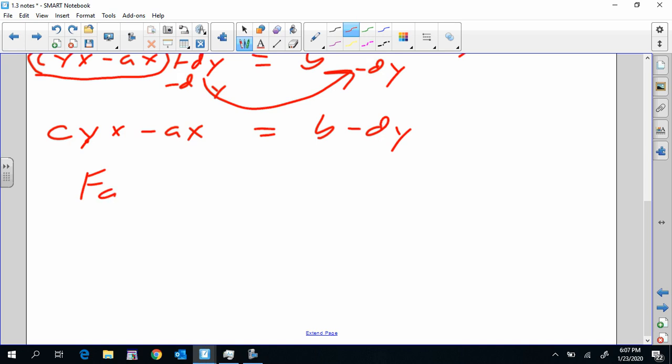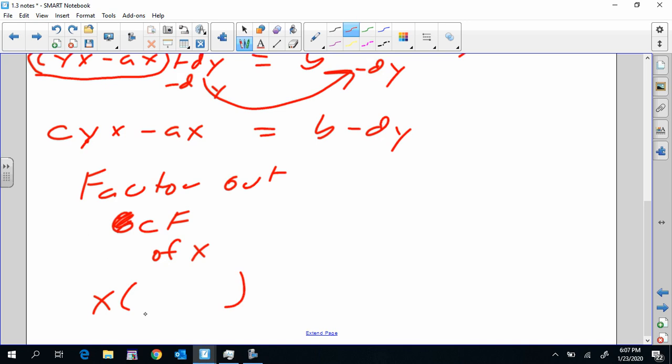Factor out the GCF, or at least the CF, of x. Now I have two terms with x, but in a moment, I have one binomial multiplied by x. Cy minus a.